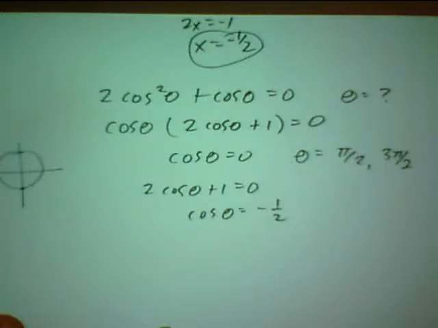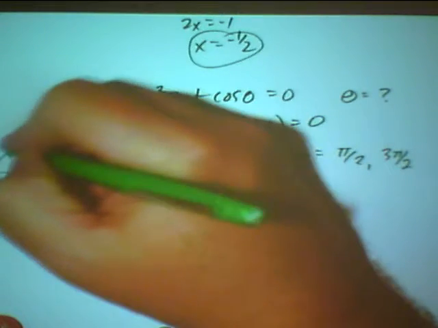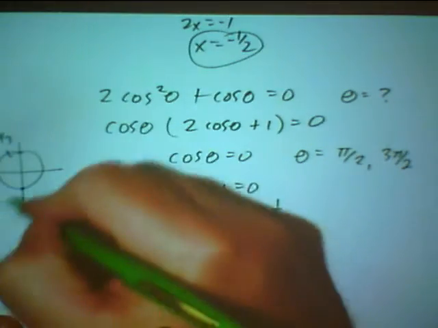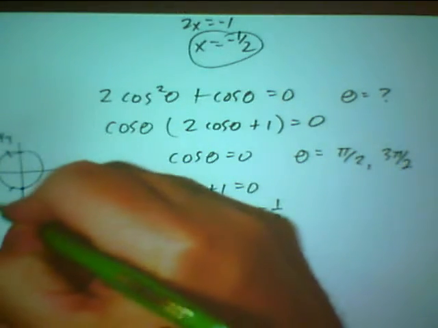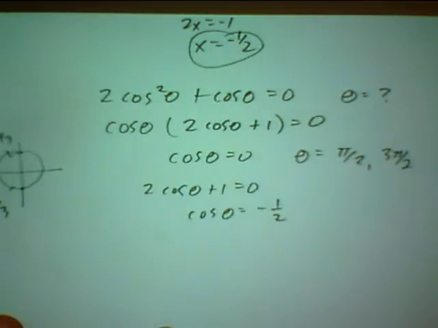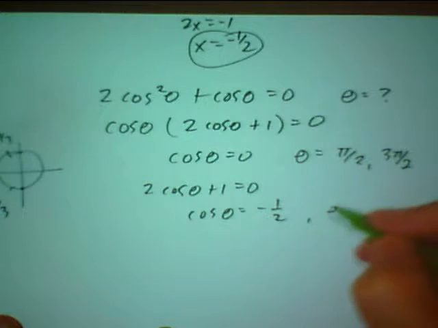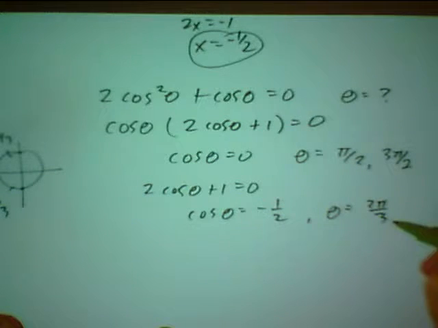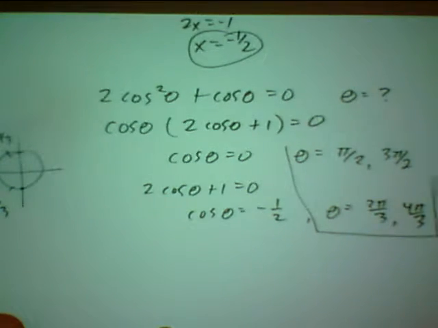And we've done this before. We know it's got to be on the left-hand side because x has to be negative. And it's actually right there: 2 pi over 3, and down here, 4 pi over 3. So from this, I get the solutions of 2 pi over 3 and 4 pi over 3. So there are actually 4 solutions to this equation.